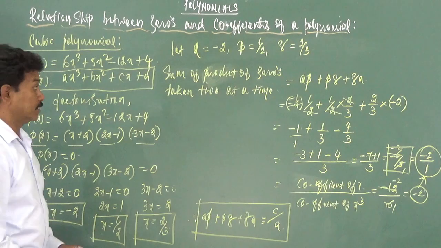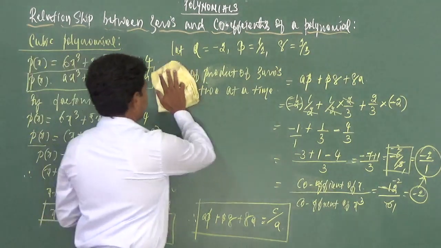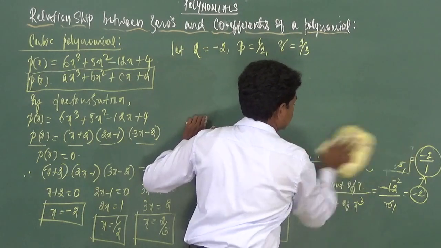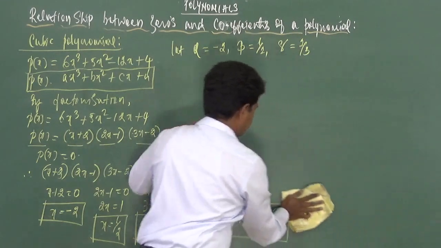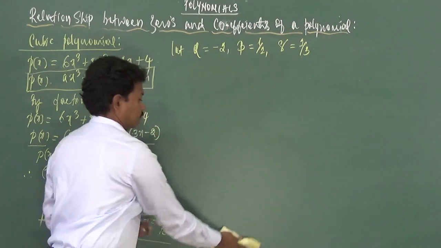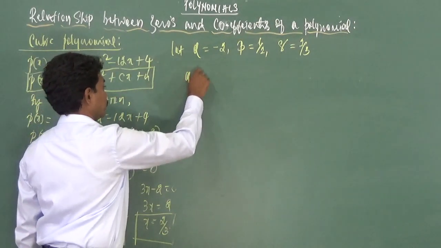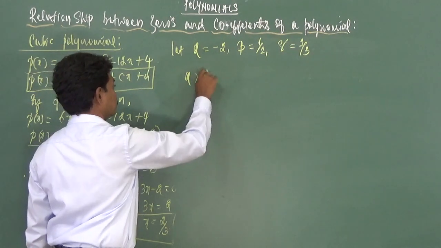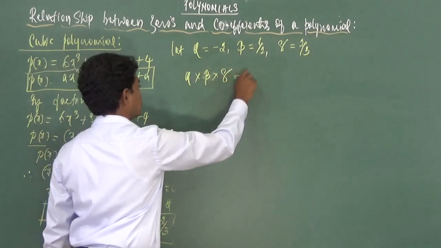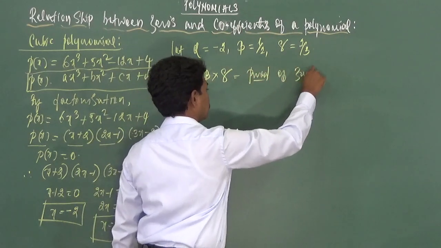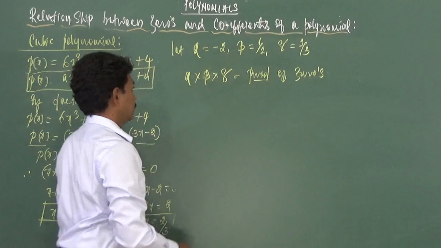We will go with another possibility. Right. So alpha into beta into gamma, that is the product of zeros.